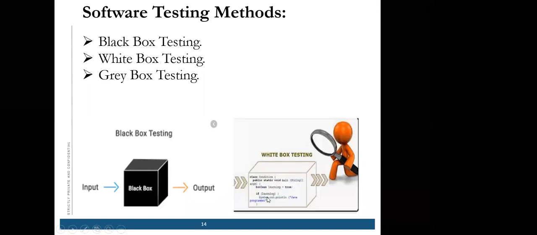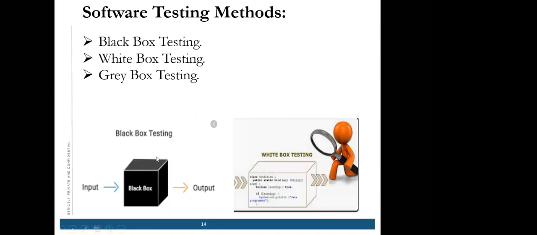And white box testing is where you can see your code, as the name says, that you can see through it what code you are testing. So that is called white box testing, and usually unit testing is white box testing, which is done by the developer. So this is also the difference between black box testing and white box testing.